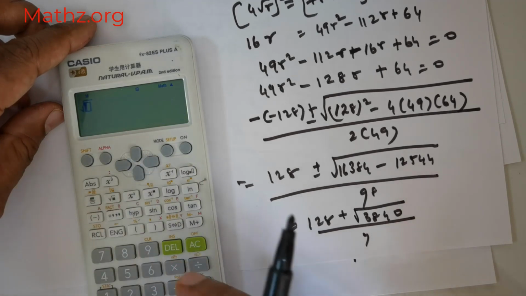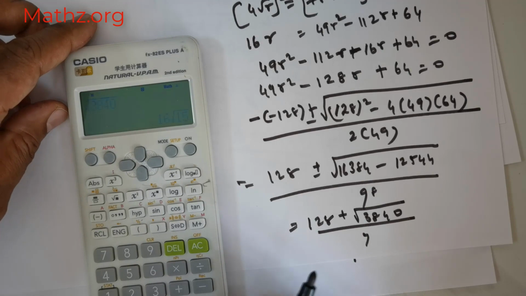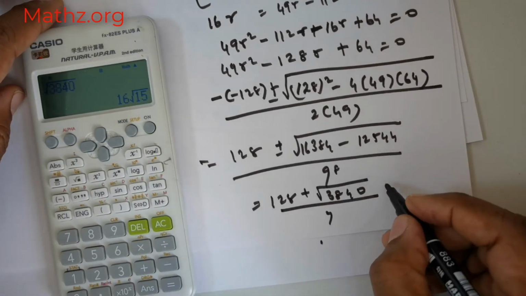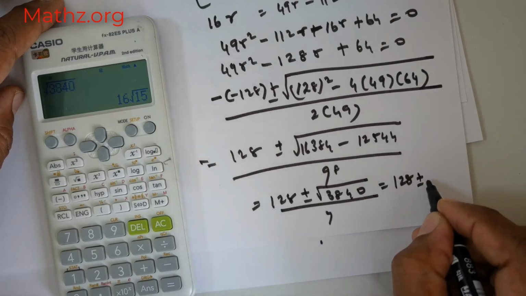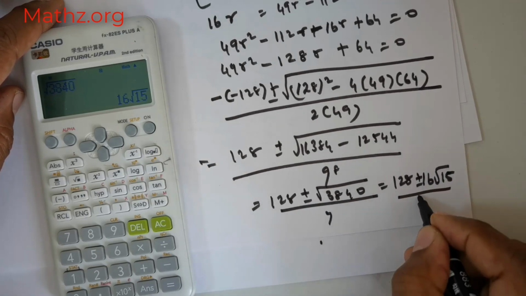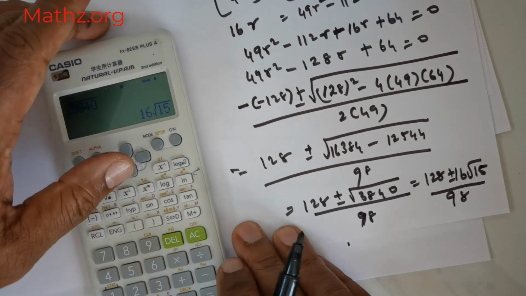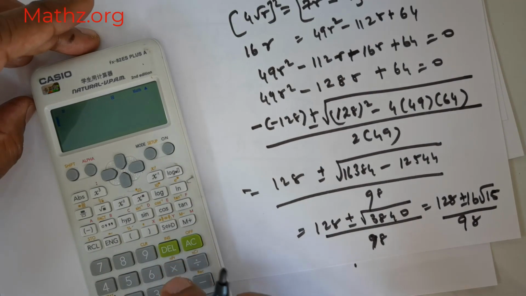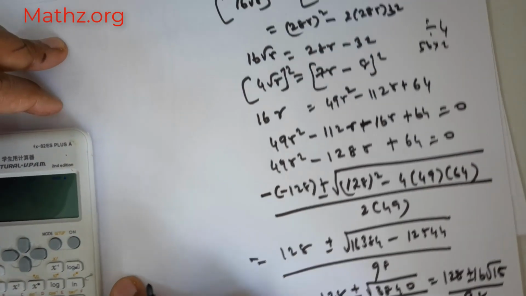So I'm taking the square root of 3840. What is that? That is giving me 128 plus or minus 16 into root 15, that's a lovely value, divided by 98. Okay, 16, can I reduce it?